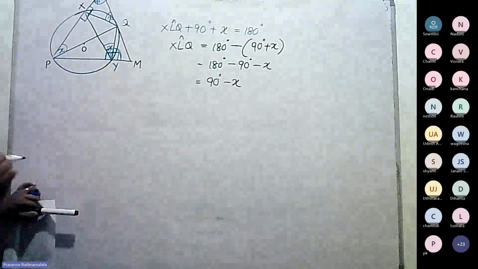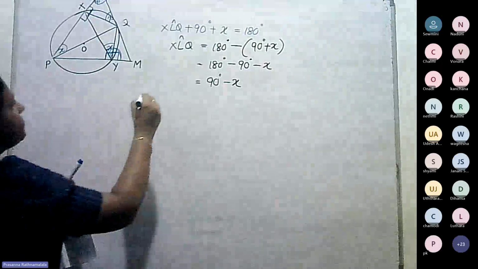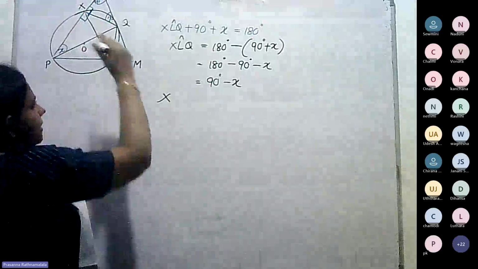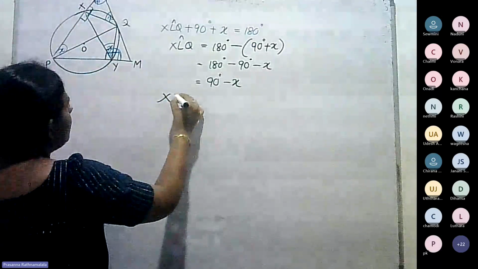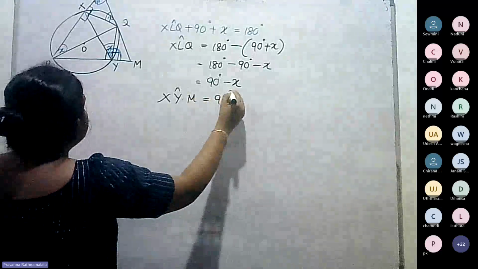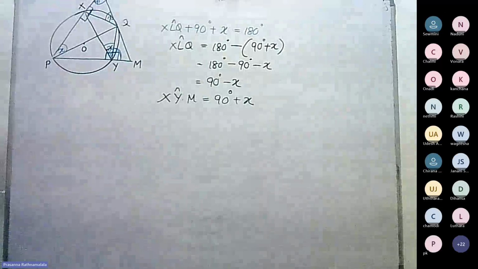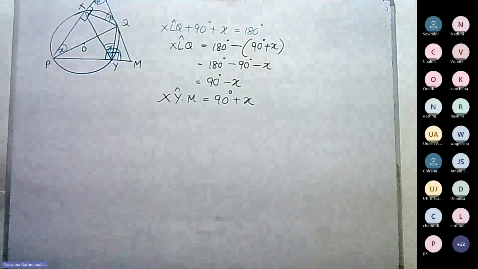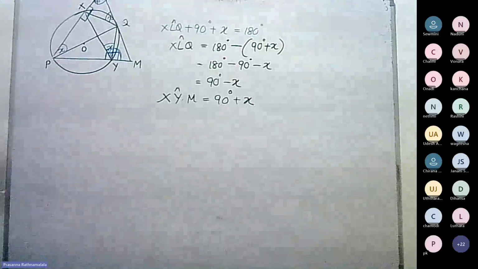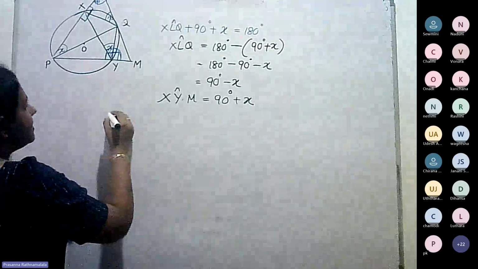Now you can find the value of XYM. You write down all those theorems. The steps: XYM equals 90 plus X. Now check whether the sum of these two equals 180 or not.